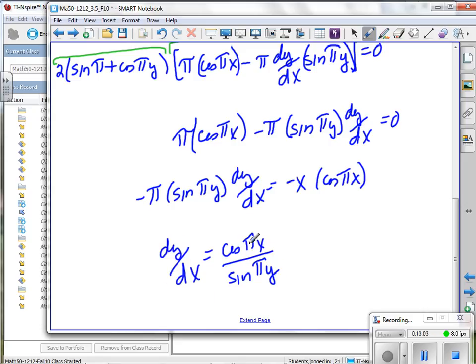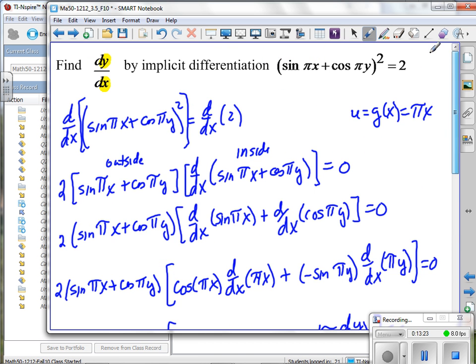This yields a derivative. What does it allow us to find? The slope of a line tangent to what curve? This one at a point.